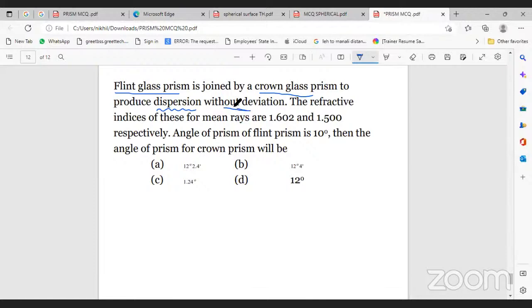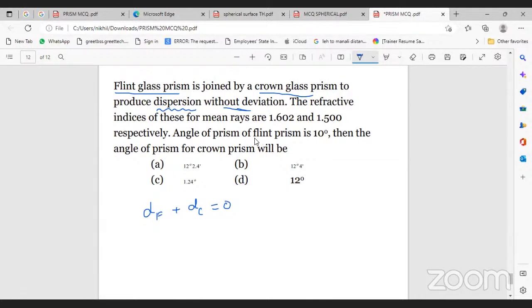There is no deviation, which means deviation produced by the flint glass plus deviation produced by the crown glass must be equal to zero, because they are telling that there is no deviation at all.